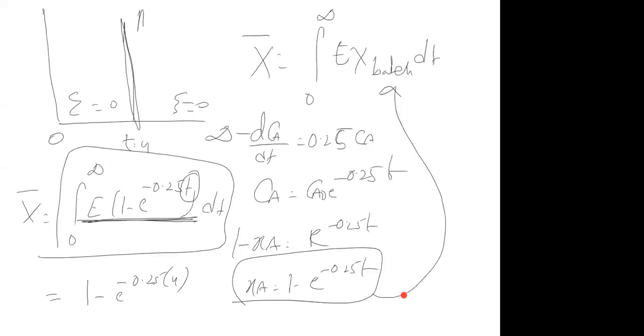Now I'll give, let's say, 4 or 5 minutes. Read the entire chapter 4 once, which is non-ideal reactors, and recall what we did. Then we will start chapter 5.